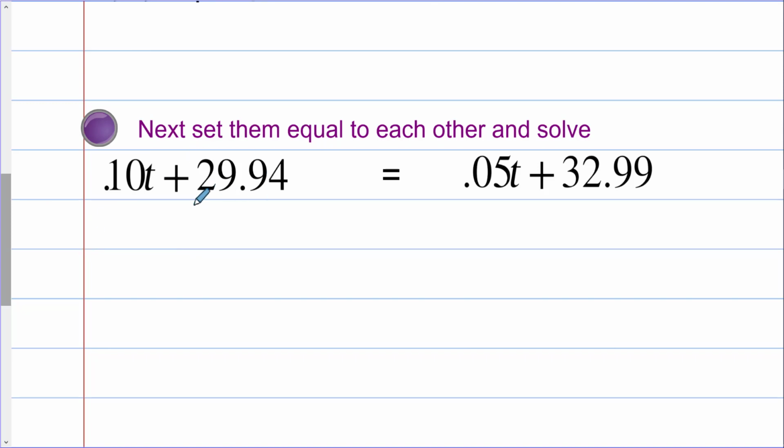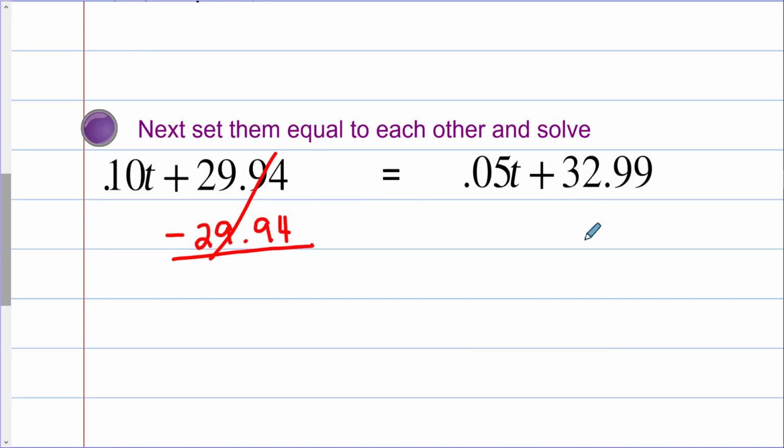But to solve it, we're first going to move all the constants to one side and all the variables to the other. And we're going to do that with the algebraic process. Remember, whatever you do on one side of the equal sign, you have to do to the other side. So here I'm going to subtract $29.94 over here, so I can remove it from my left side, because $29.94 minus $29.94 is 0.